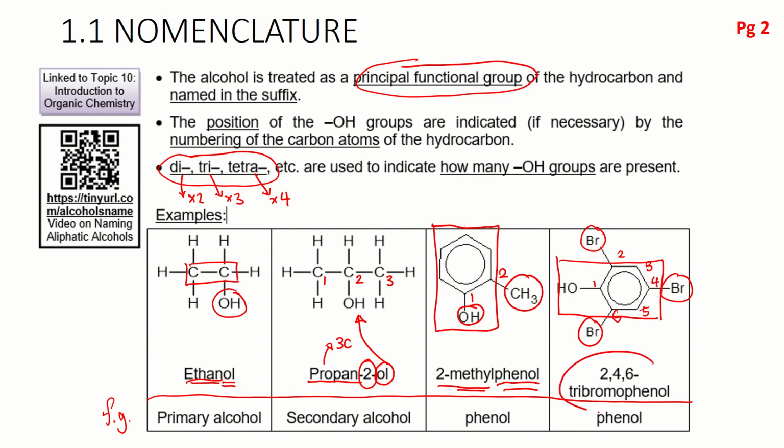Hence, the name will be 2,4,6-tribromophenol. And their functional groups are primary alcohol for ethanol, secondary alcohol for propan-2-ol, and phenol for the other 2 compounds that we see over here.